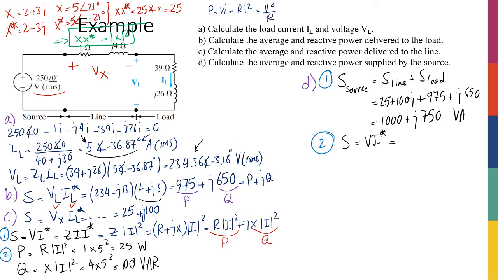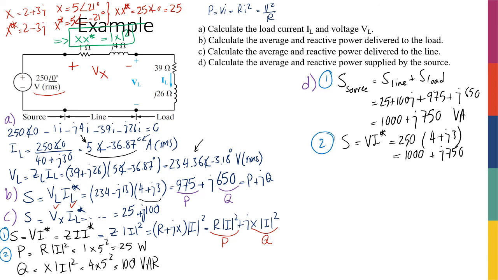If I calculate this, it's going to be 250 multiplied by the complex conjugate of I, which is 4 plus j3. You can see that 250 times 4 is 1000, and j3 times 250 is j750. Okay, so either way, you should get the same answer.